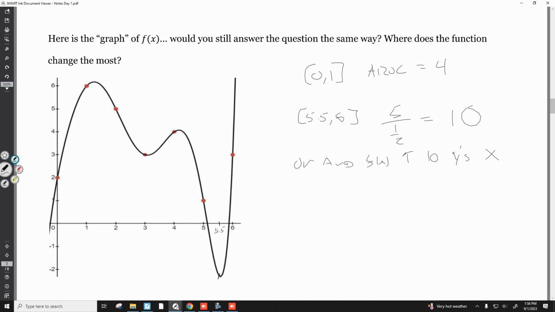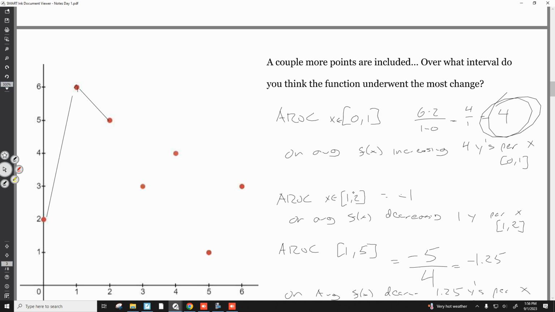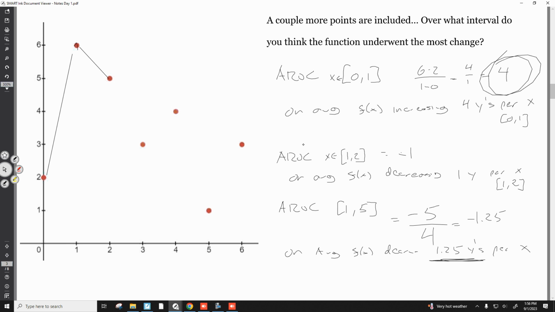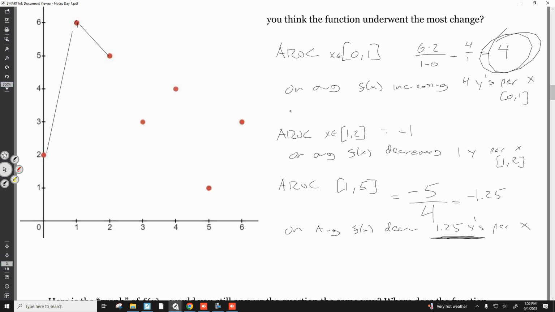This is why on the previous statement we are saying on average, because you don't know what the function looks like between points. We don't know exactly how the function is changing, but we do know on average we're going to have to go up this many y's per x. On average, we're going to have to go down this many y's per x. And that's the idea behind change in function.